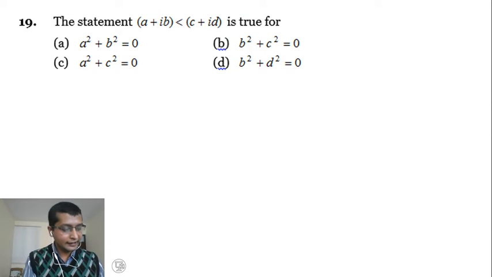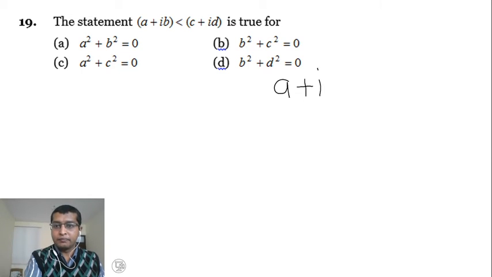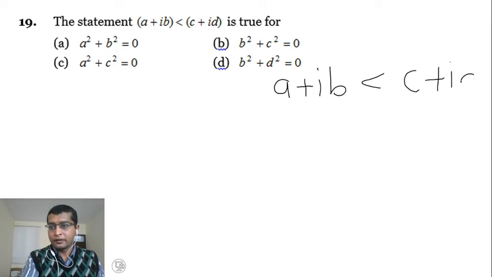Example number 19. The statement a plus ib is less than c plus id is true for what value we have to calculate. So very simple. If we take different values, we can write the expression a plus ib is less than c plus id.